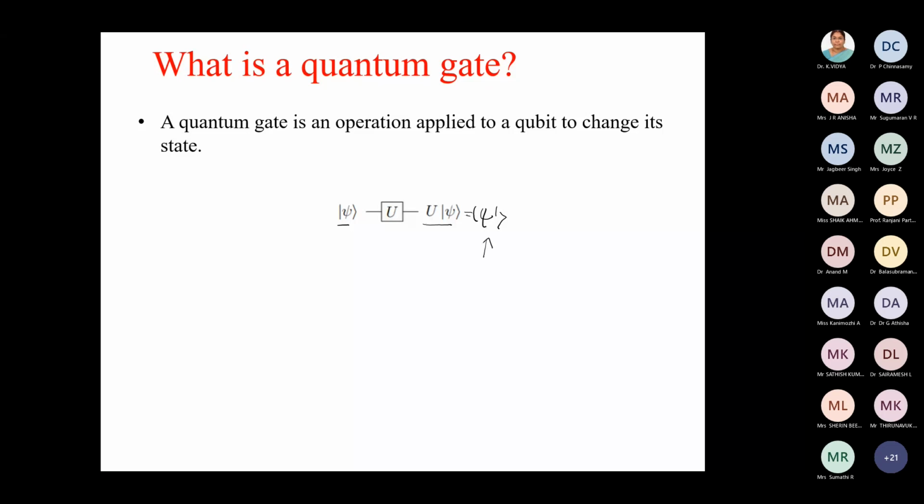This is your qubit, this is your gate operation, so it will convert it to psi dash.